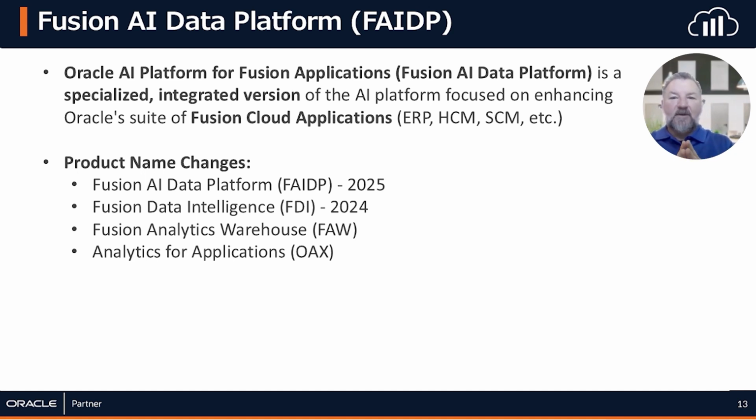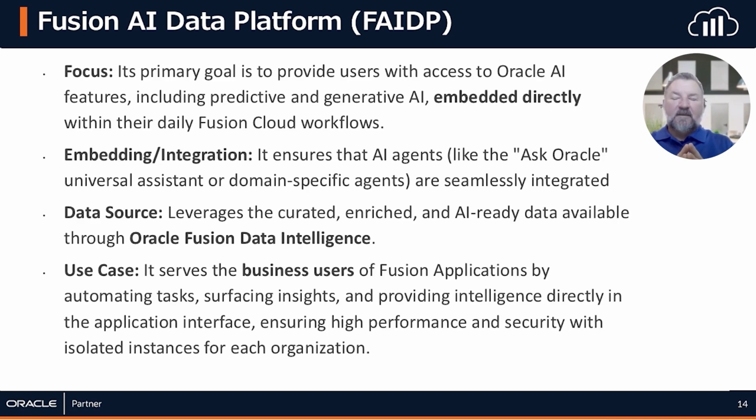Then the name transitioned to Fusion Analytics Warehouse. Then in 2024, we saw a name change to FDI, or Fusion Data Intelligence. And about the time we got used to FDI and rolling that off our tongues, last year in October of 2025, we saw the name change to Fusion AI Data Platform.